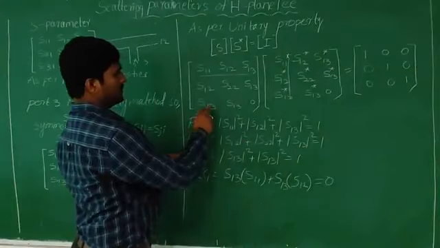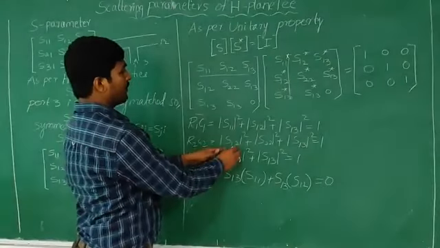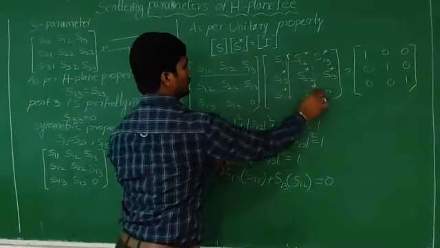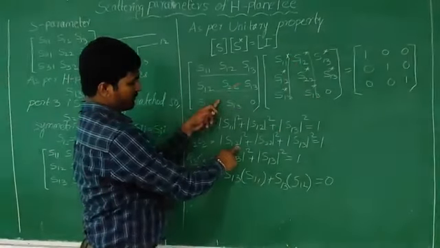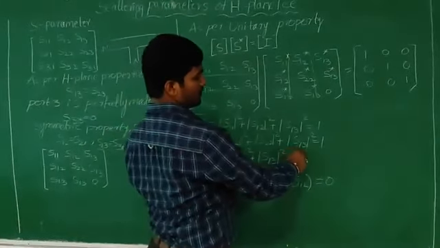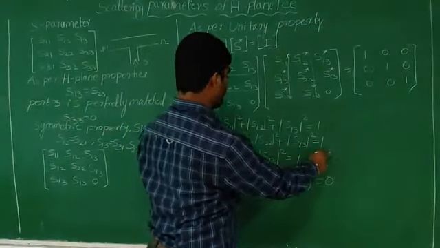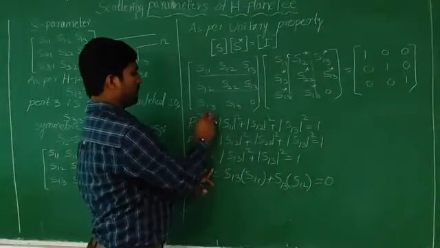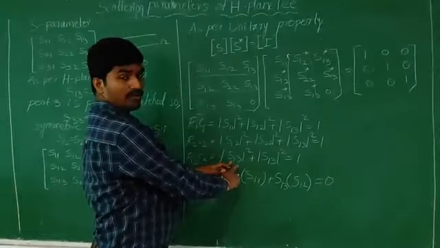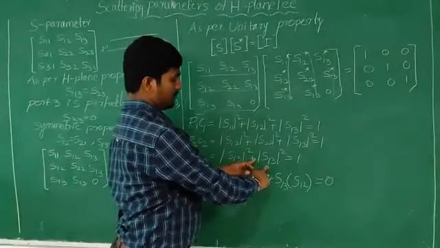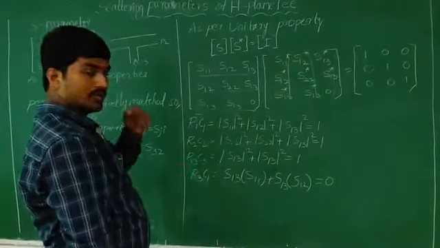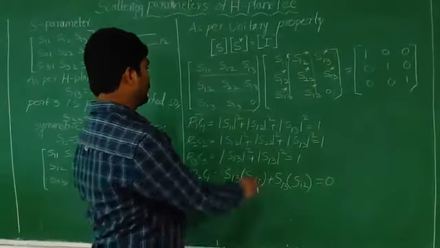And same as R2 C2, we can write modulo of S12 squared plus modulo of S22 squared plus modulo of S23 squared is equal to 1. And same R3 C3, modulo of S13 squared plus modulo of S23 squared plus modulo of S33 squared is equal to 1. Now we are taking one more value, that is R3 and C1.